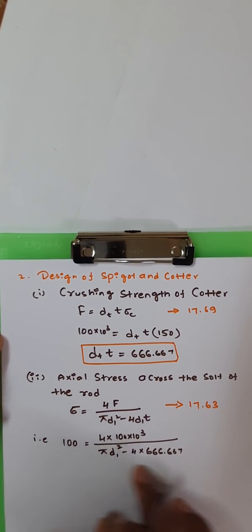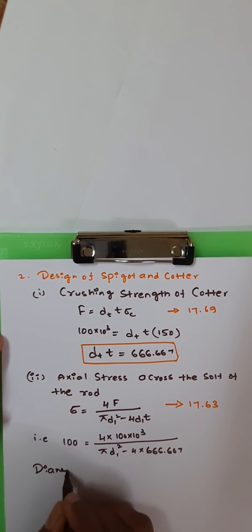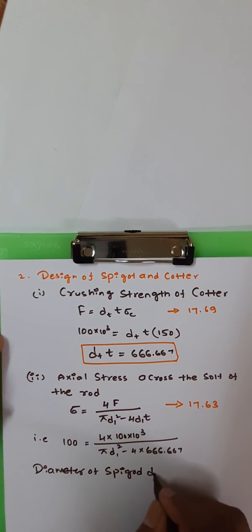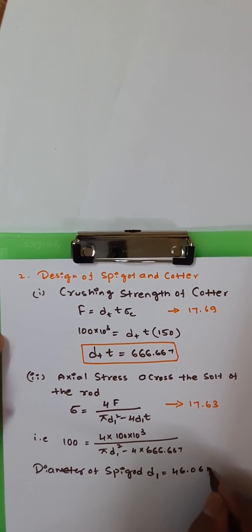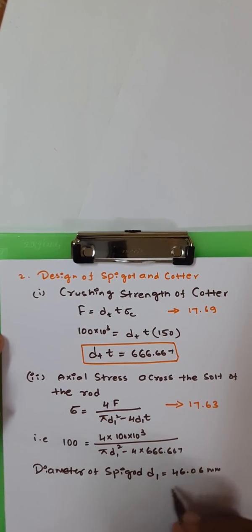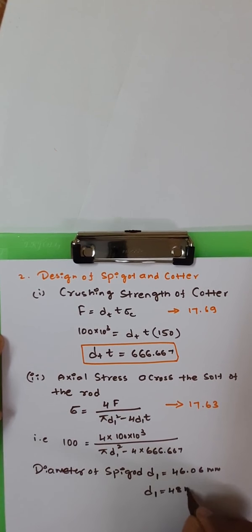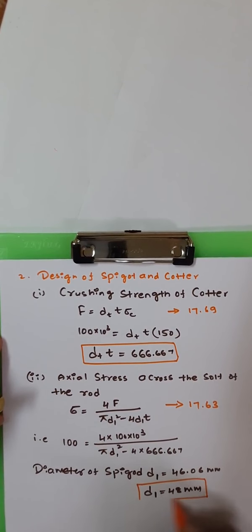If we simplify this whole term, the diameter of the spigot d1 is equal to 46.06 mm. We'll go for the next higher value in the table and round it up, d1 is equal to 48 mm. This is the diameter of the spigot d1.